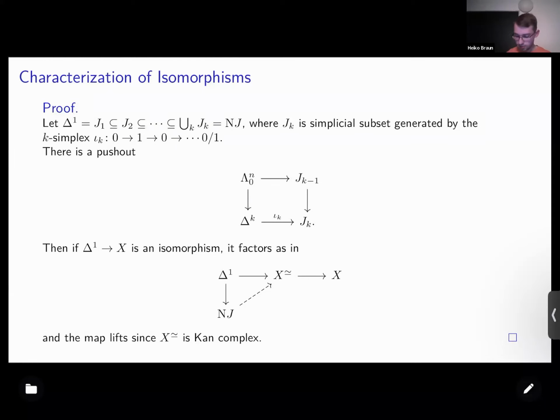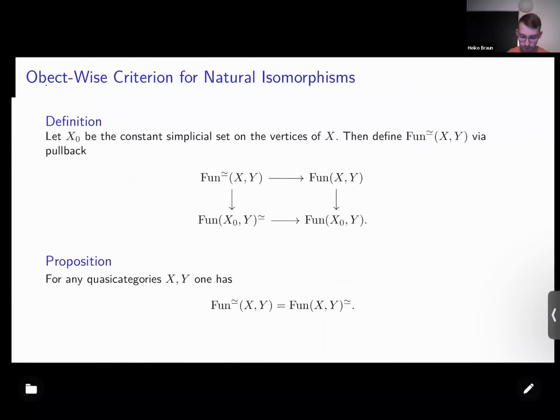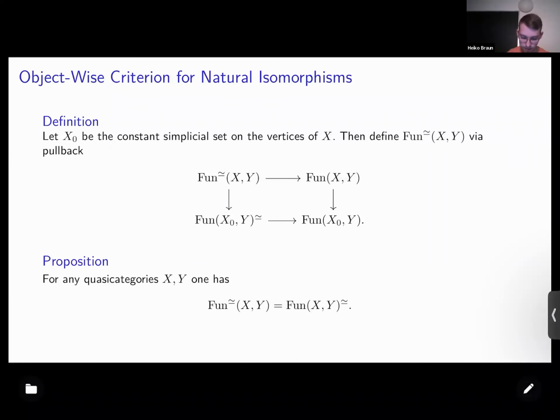And it is also possible to give the folklore theorem that natural isomorphisms can be characterized object-wise. This is the last thing I will now present, and it's a little proof, which is adapted from the book by Cisinski.